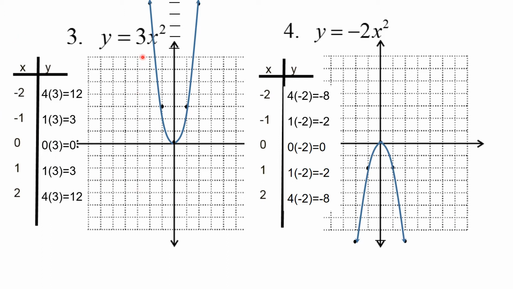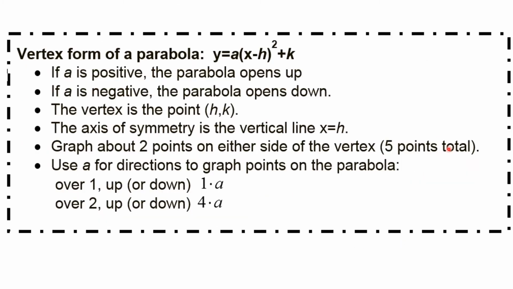Notice how in the first one, the 3 is positive and our parabola is concave up. Notice here, the coefficient in front of the x squared term is negative, and this is reflected across the x-axis, and it is down.